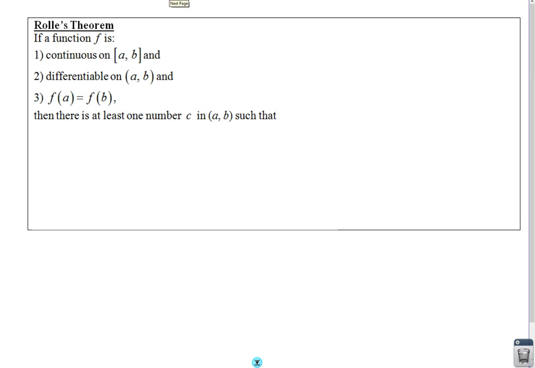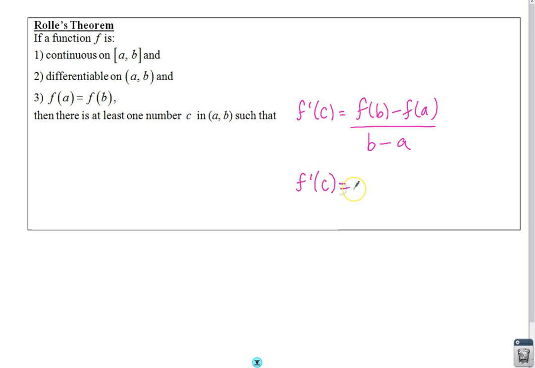Okay, if a function f is continuous on a closed interval, a to b, differentiable on the open interval from a to b, and the unique situation where f of a is equal to f of b, then there is at least one number c such that, okay, MVT is the same, so you still have f prime of c is equal to f of b minus f of a over b minus a, but we have this added situation where f of a is equal to f of b, so that means f prime of c is equal to, well, if these two things are equal, you're going to get 0 up top, because f of a minus f of b is 0 when you subtract them.